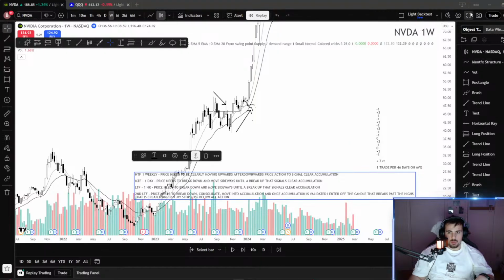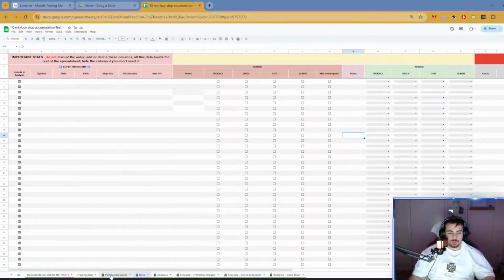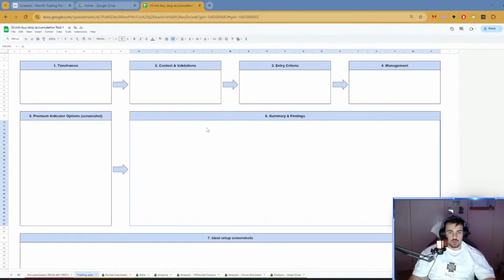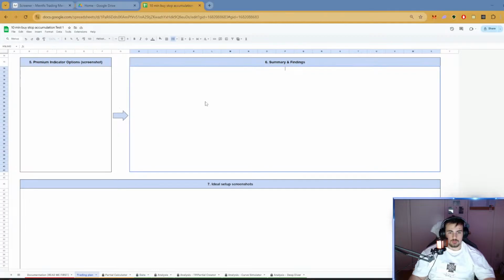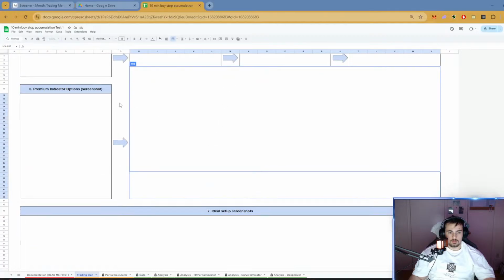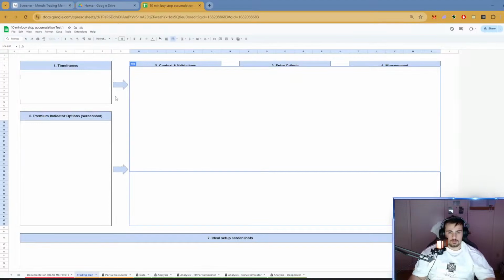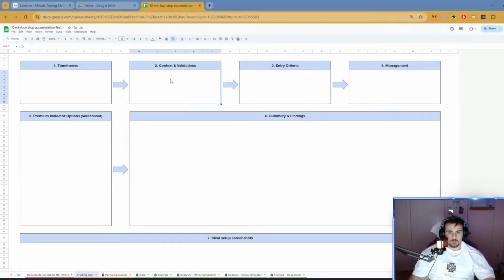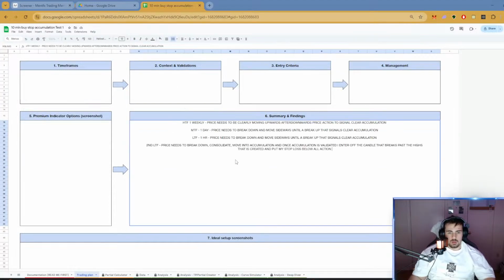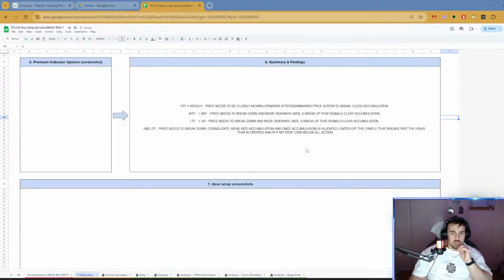So I'm going to copy and paste my rules and put them in my trading plan. Let's put it right here for now. Your rules can really be as simple as this too.